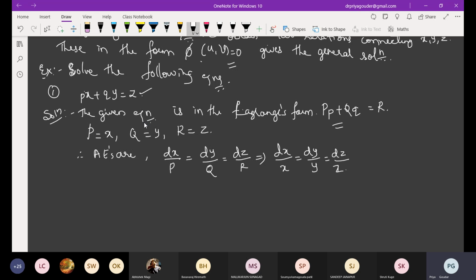Don't choose all at a time, take any two at a time. Shall I take the first two? Is it easy to integrate and get the relation? Are the variables separated? Yes, ma'am. Okay.